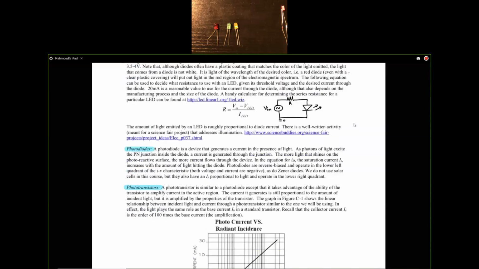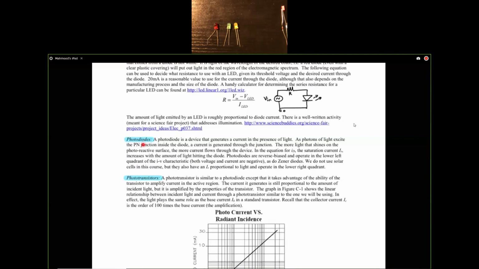If I go down, I have photodiodes, which are a light sensing component. We don't have photodiodes as a part of this class, but the theory about that is given to you. And if you look at a photodiode, it looks very similar to an LED. The only difference that you might observe is that the casing will be completely black.